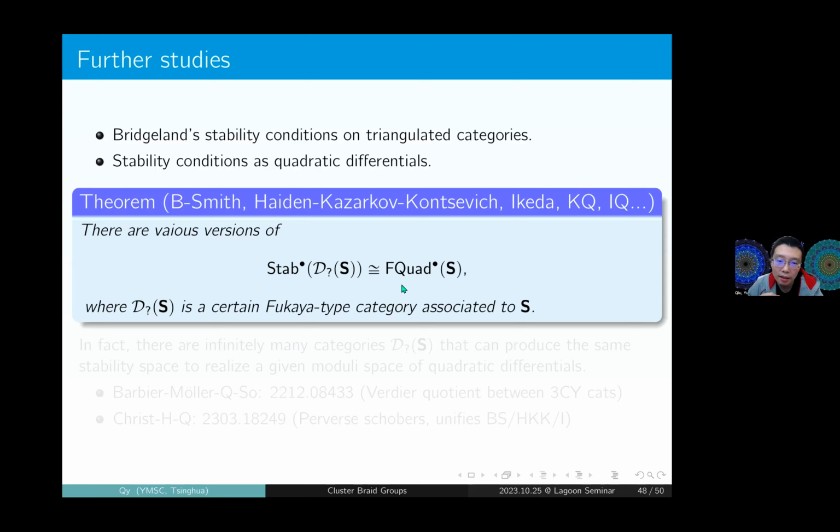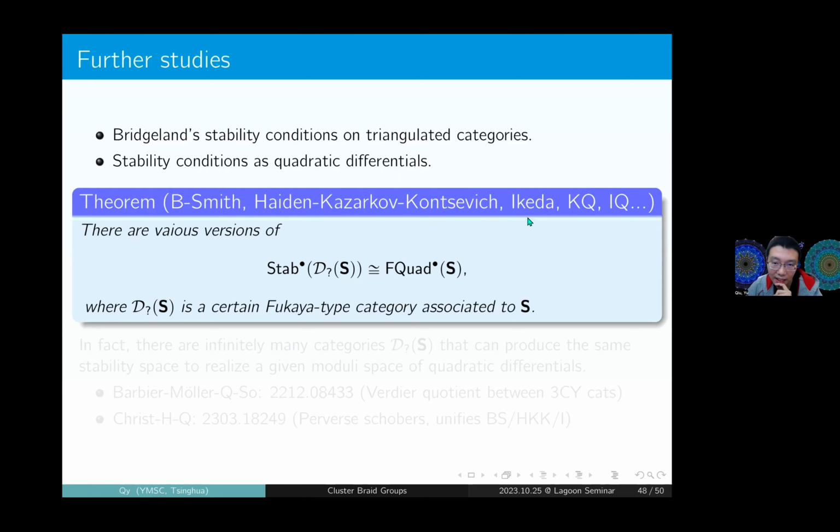And so their moduli space includes the class of Bridgeland and Smith type, because in Bridgeland and Smith they want the zeros to be simple, the poles have some condition, and they are the classical poles. However, in the work of HKK, they can have exceptional, exponential type of poles.